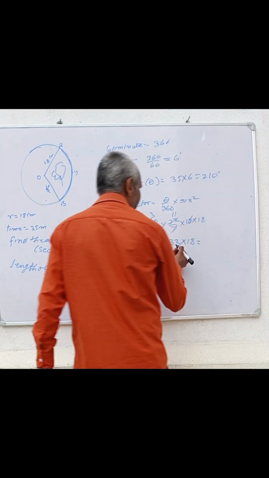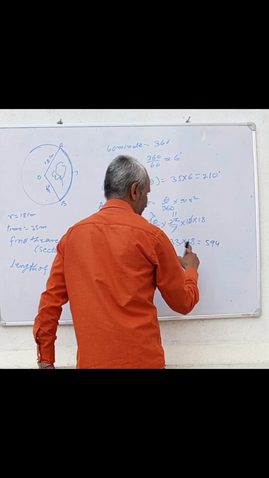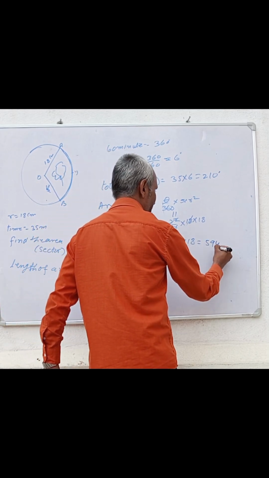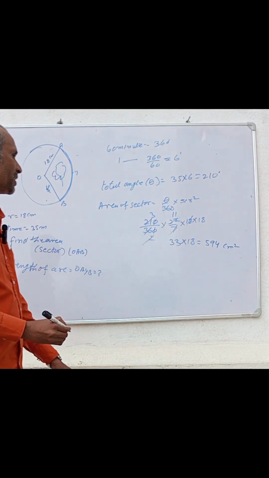Multiplying, it will become 594 centimeter square. This is the area of the sector.